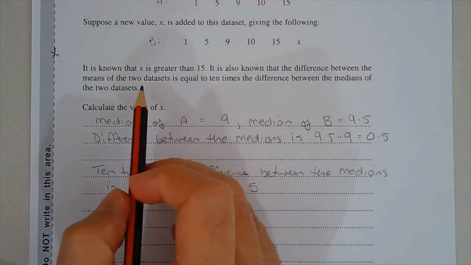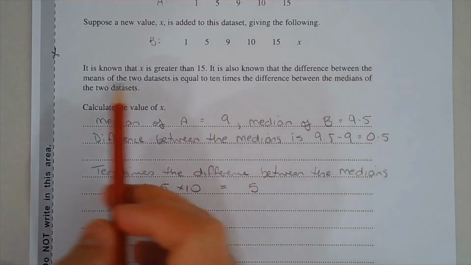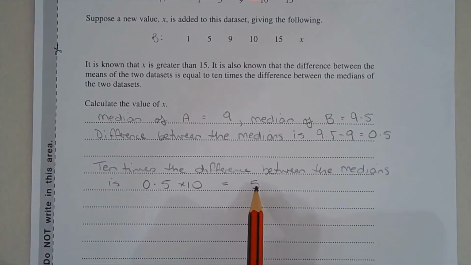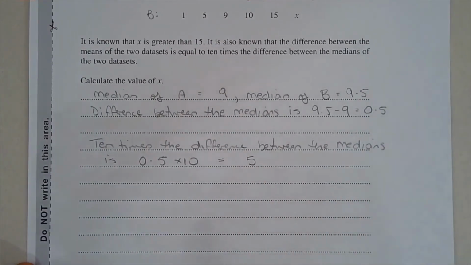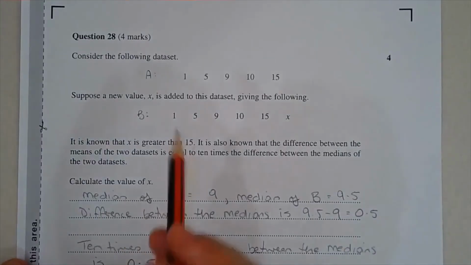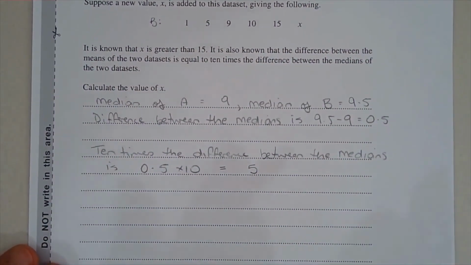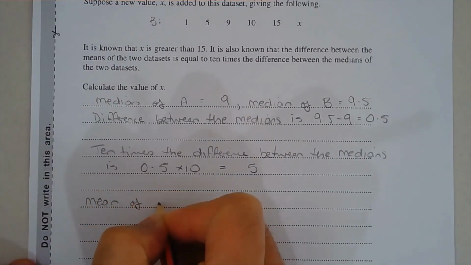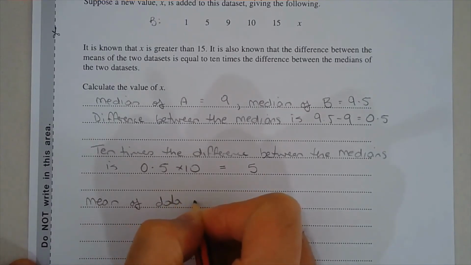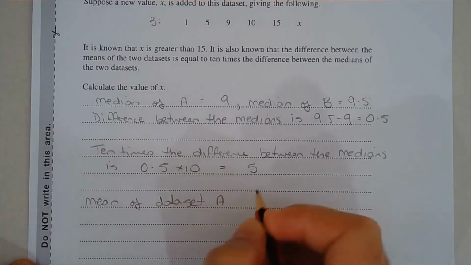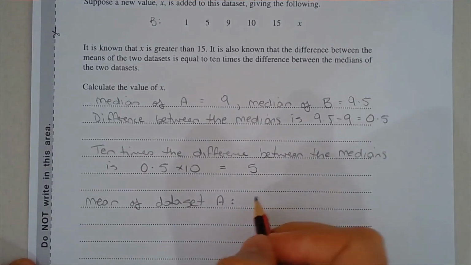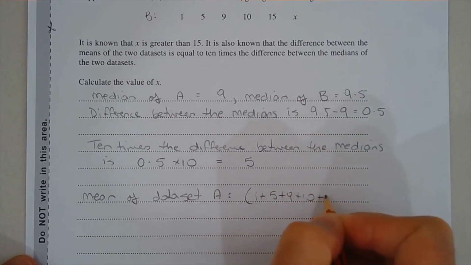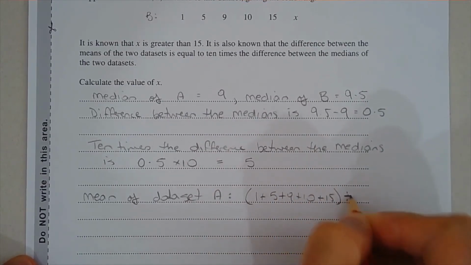So continuing to work backwards, it is known that the difference between the means of the 2 data sets is equal to 10 times the difference. Now we have 10 times the difference here. So let's work out the means of the 2 data sets. The mean of data set A is simple enough to compute: 1 plus 5 plus 9 plus 10 plus 15 divided by 5.